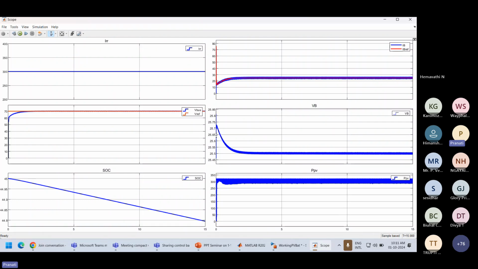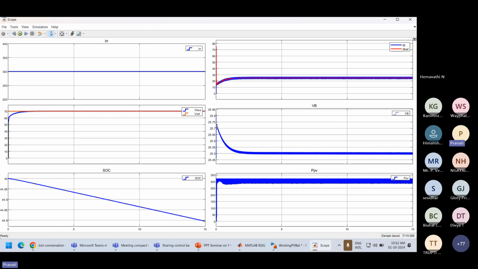Now, this shows that the battery current matches with the battery reference value. Then this is VB, that is the battery voltage. When the irradiance is very low, around 300 watt per meter square, which is not sufficient to charge, the battery discharges.